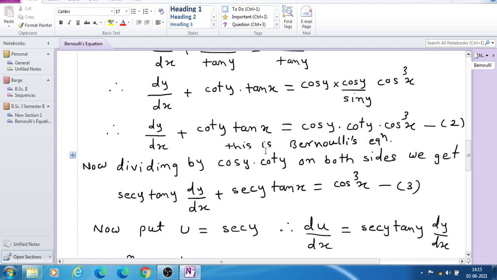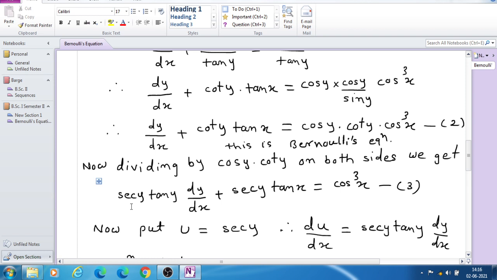So this is Bernoulli's equation, and for that we divide the equation by cos y into cot y. Whatever is on the right hand side, the function of x is q, so whatever the coefficient of q is, a function of y, we divide the equation by that coefficient. So here it is cos y into cot y, so we divide this equation by cos y into cot y.